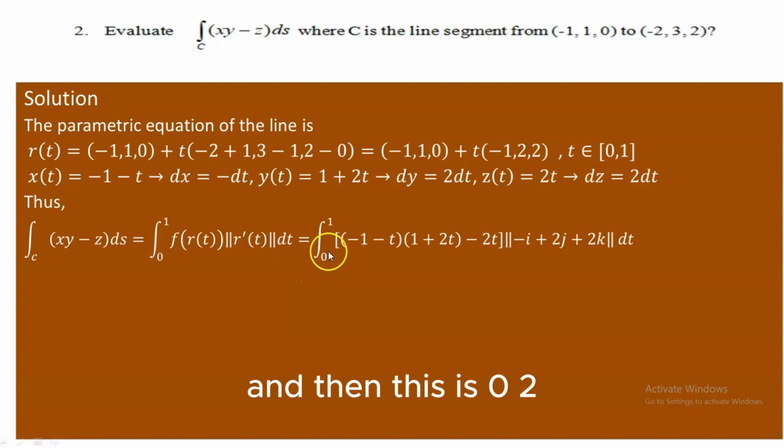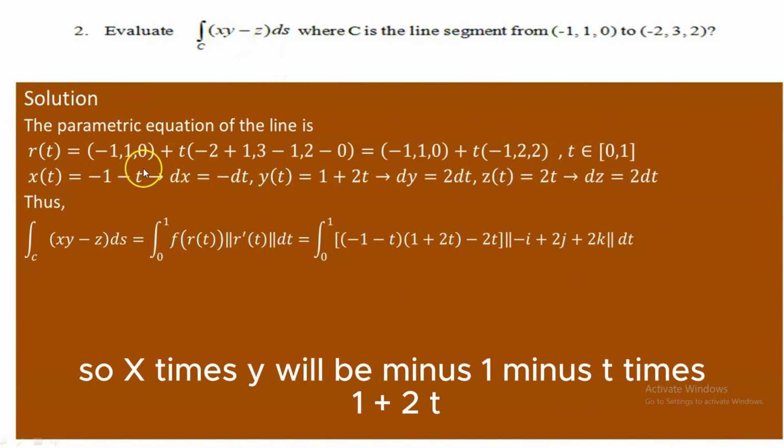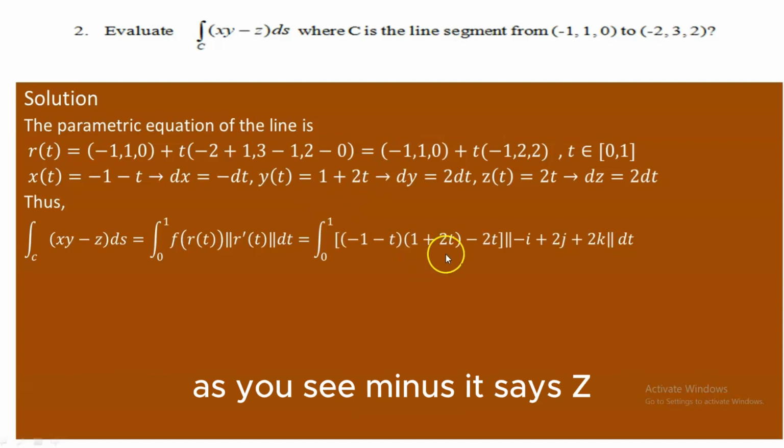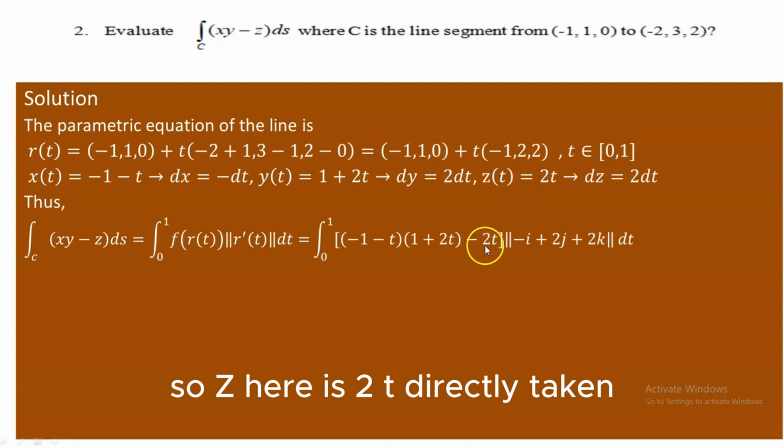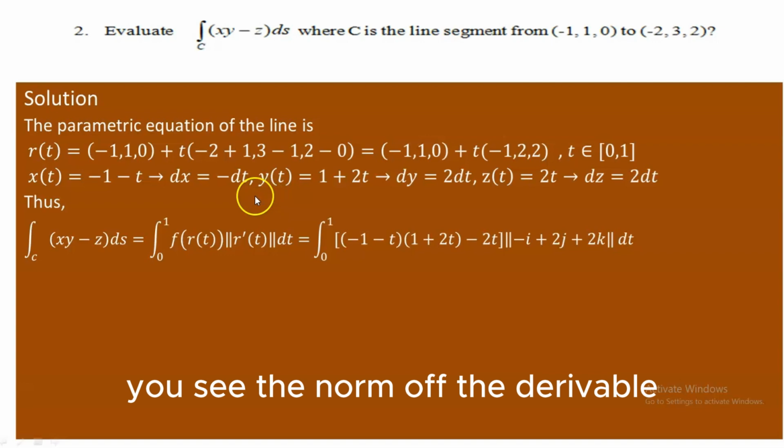And then this is 0 to 1 of x times y, which will be minus 1 minus t times 1 plus 2t, minus z, and z here is 2t, it is directly taken. Then we have to take the norm of the derivative of this one.